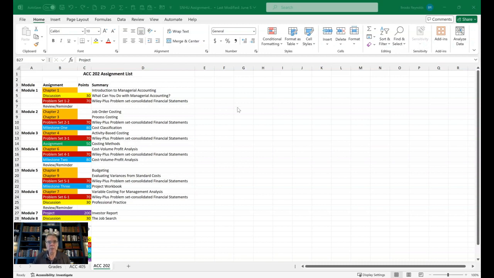Now, this is an asynchronous course, which means that you can access it at any time. You have deadlines, but you can work on it whenever you want. That's an advantage, but it's also a disadvantage. If you take a class live, in person, or even live remotely, you have a structure.